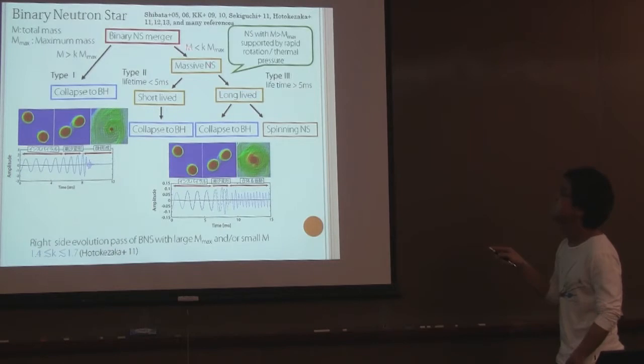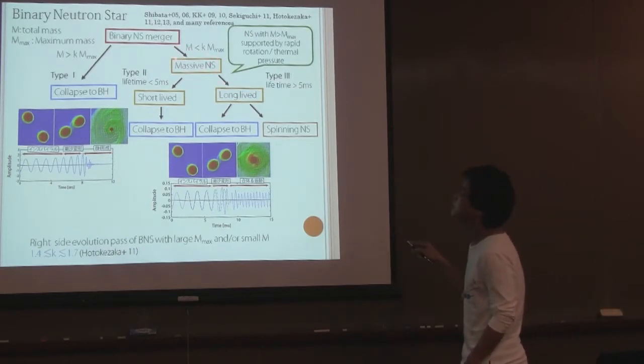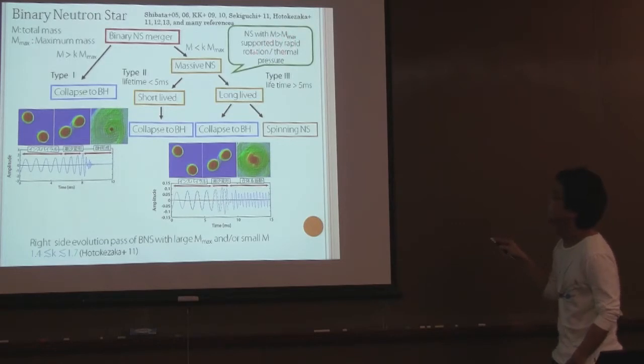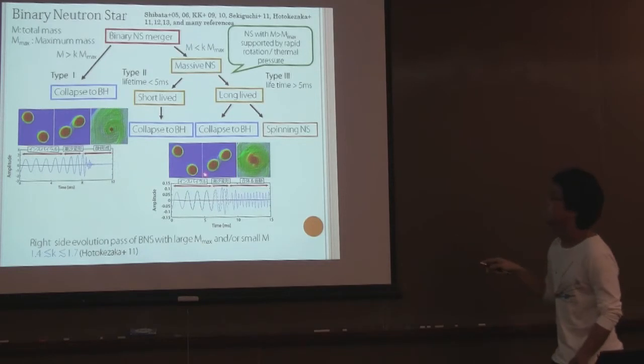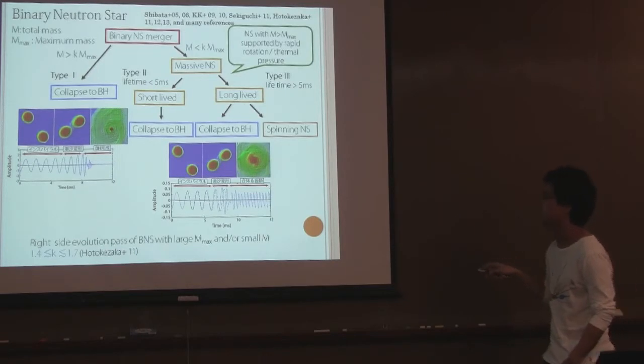If the mass is not so large, a massive neutron star will be formed as a remnant. This star has a mass greater than the maximum mass of spherical neutron stars because of the rapid rotation and thermal pressure. This is a figure of a snapshot of the density contour and the gravitational waves.